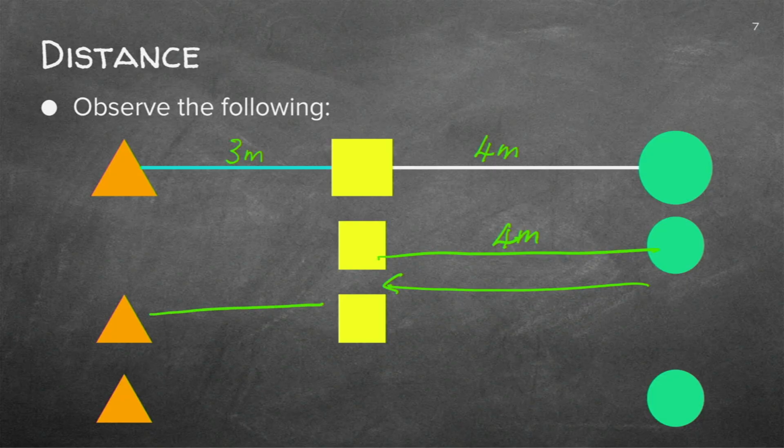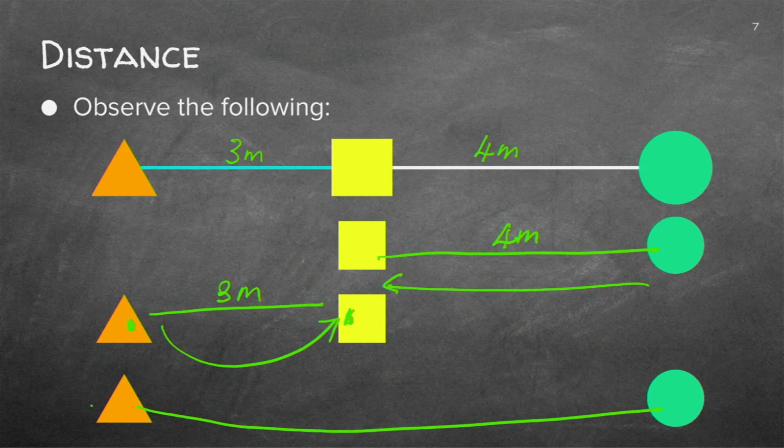This one will be 3 meters, whether it's from this point to that point or from that point to that. Quickly, let's see if you can find the distance between the triangle and the circle. 3 plus 4 or 4 plus 3. The distance will be 7 meters again.